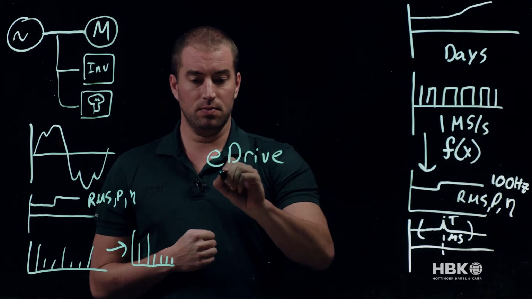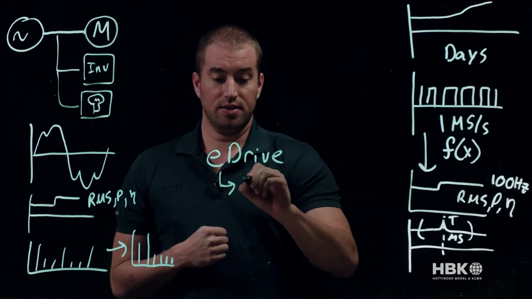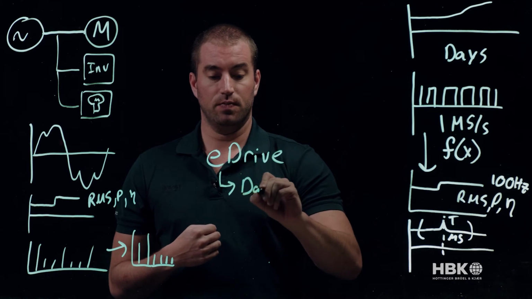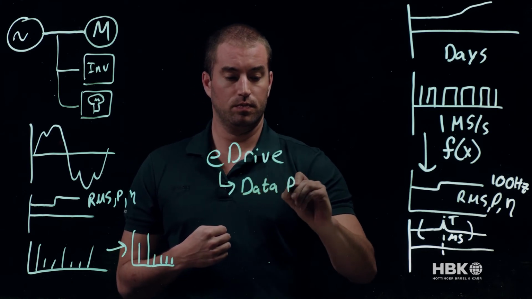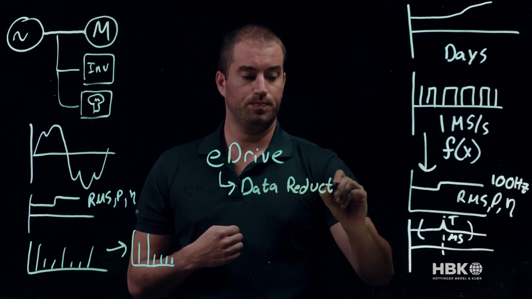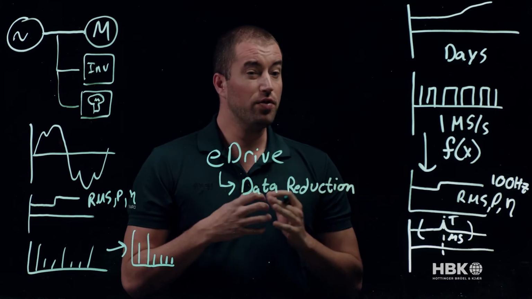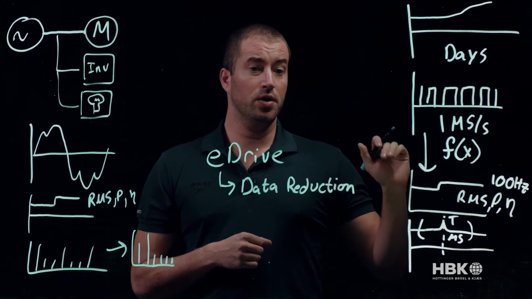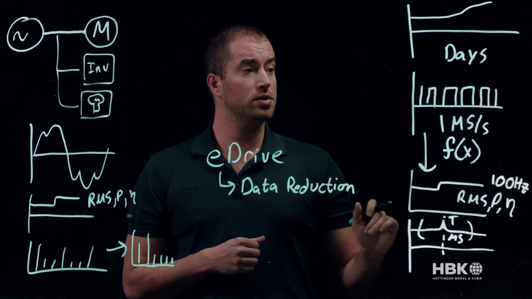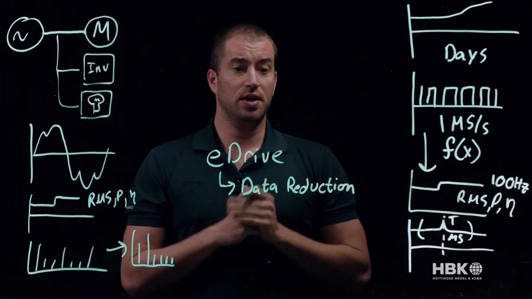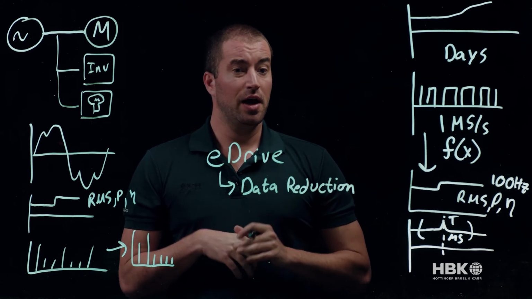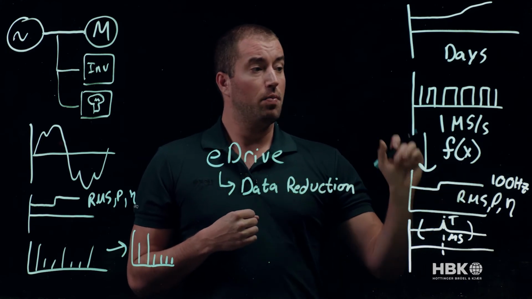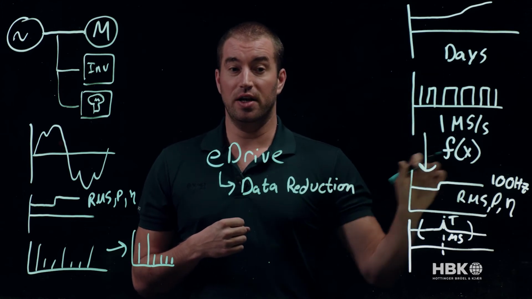So the eDrive system has a really great ability for data reduction. We have a real-time formula database where we execute things like RMS equations, power equations, efficiency equations in a discrete time digital signal processor, and we can store just that slow rate data, but have that high sample rate included in it all.